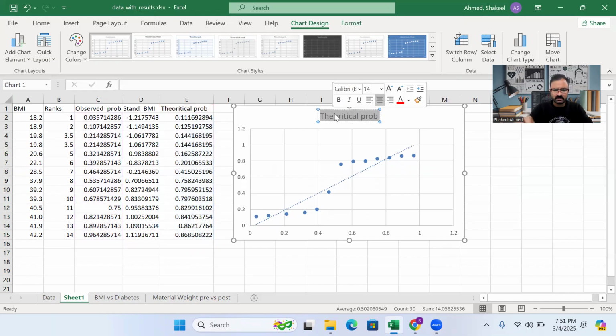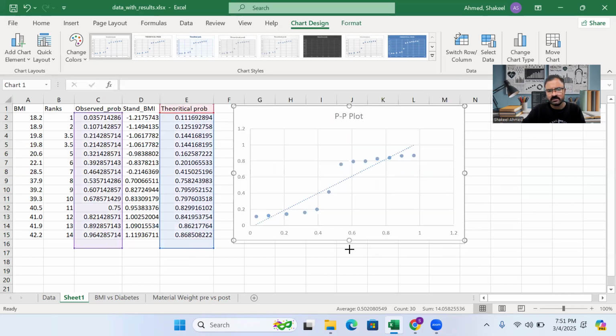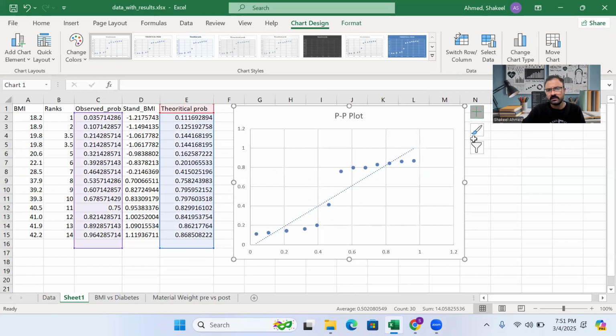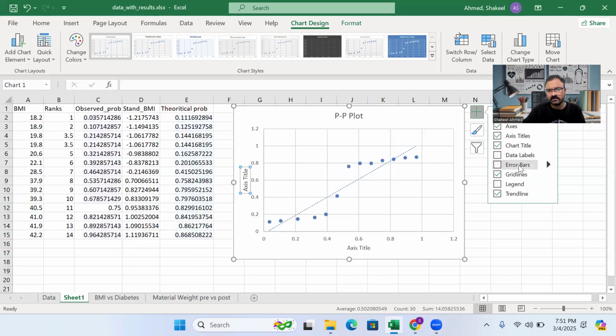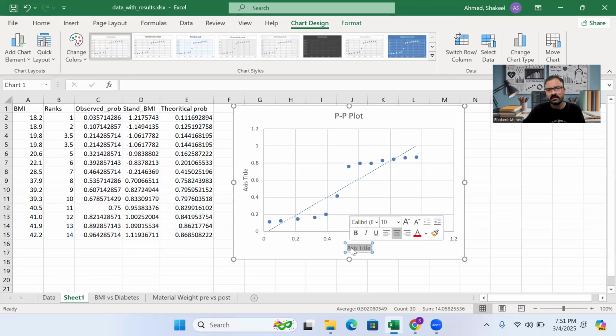You can write PP plot, and you can give the title to the x-axis and y-axis based on the data. This is the observed probabilities, and these are the expected, theoretical probabilities. So that's all about the PP plot. Thank you.